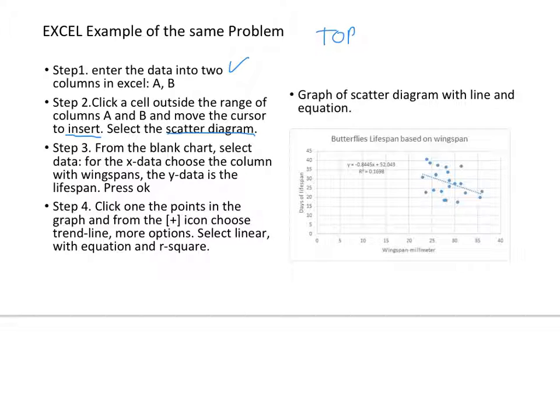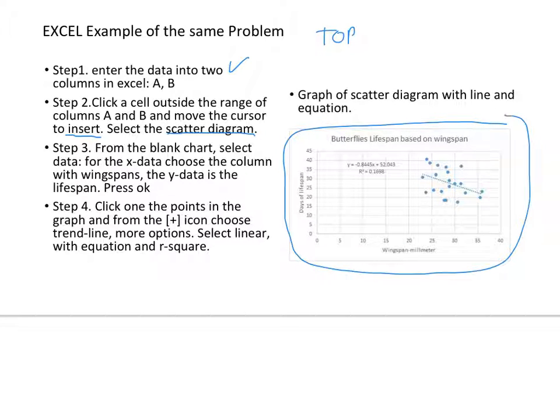At this point, we get a chart without the titles, and we want to put the titles in: wingspan in millimeters and days of lifespan, and butterfly lifespan as the chart title. And we just get the scatter plot primarily.